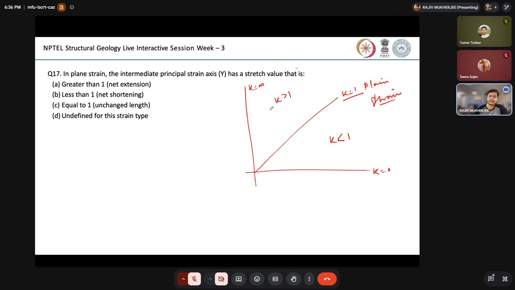So in this case, option C will be the correct answer because it will remain unchanged. Only x and z will change and there will be no change along the y direction. That is what we consider as the plane strain condition.